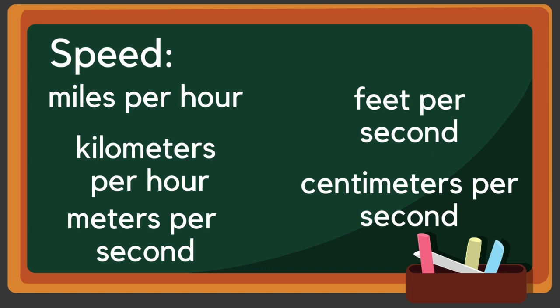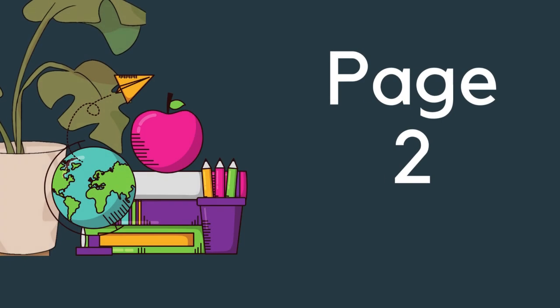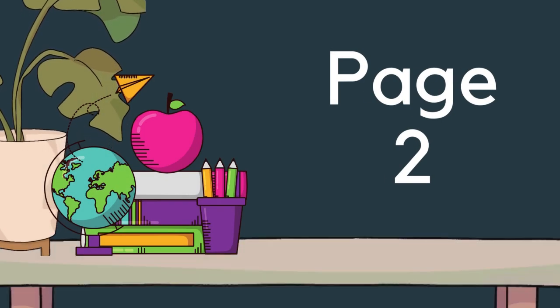The unit for speed is feet per second, and the abbreviation is fps, or ft per sec. The unit for speed is centimeters per second, and the abbreviation is cm per sec, or cm per s. Now, let us learn how to calculate speed.